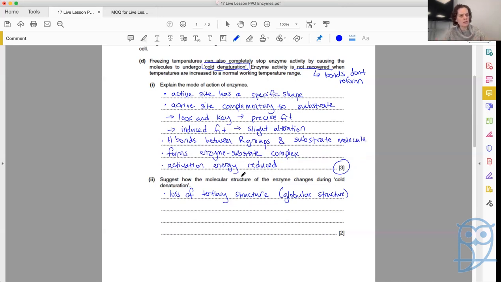Okay, we don't know which bonds are going to be affected by cold. So let's not get into that. But let's think about if we lose that tertiary structure, the most important thing that we lose is that active site. So the active site changes shape. And it's no longer complementary to the substrate.